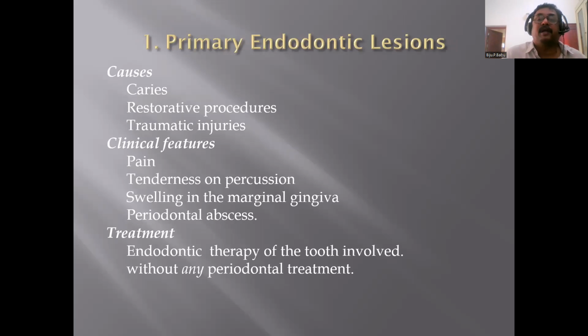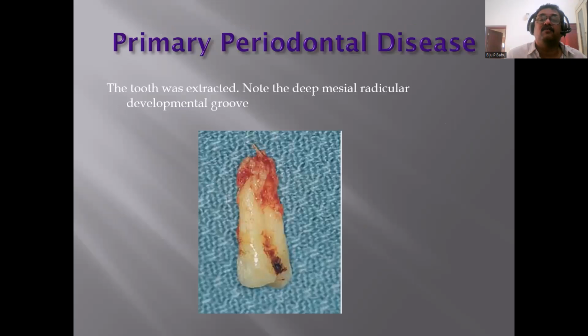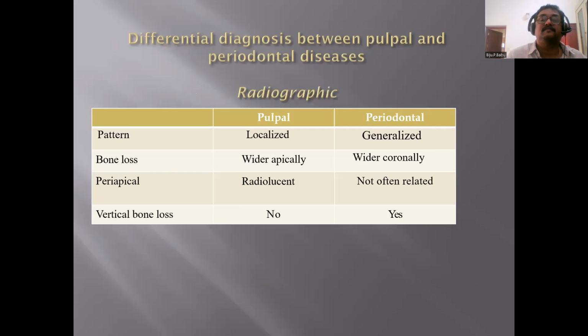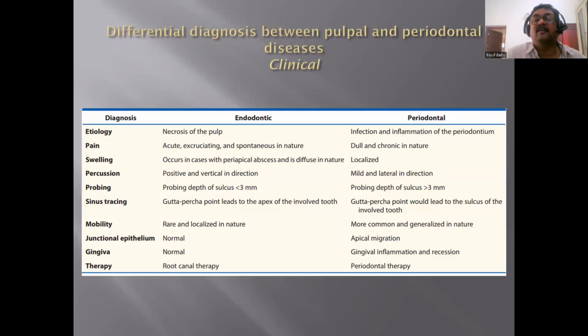Now, coming to the primary endodontic. Before that, let us just have a look into what are the clinical signs and symptoms for an endodontic condition and what are the clinical signs or symptoms in a periodontal condition.